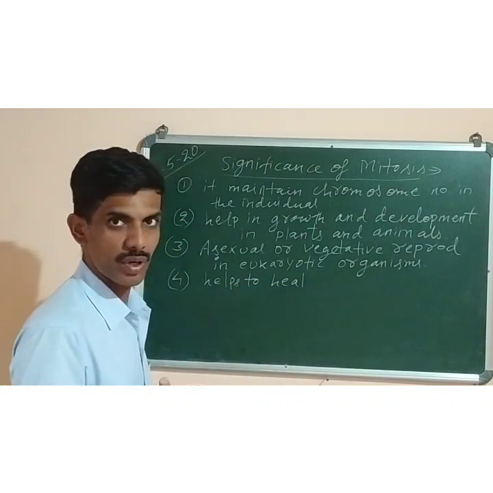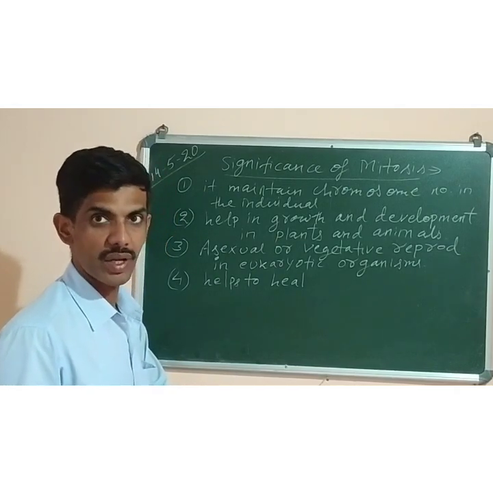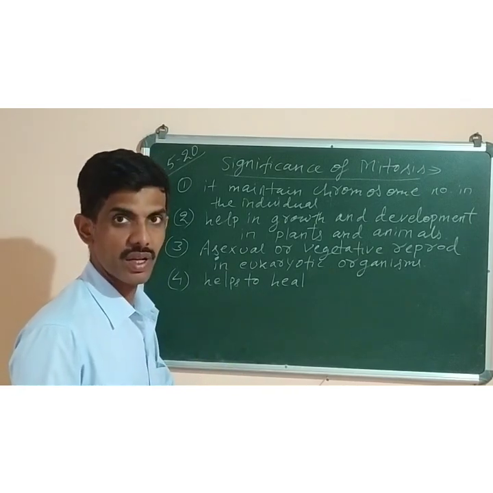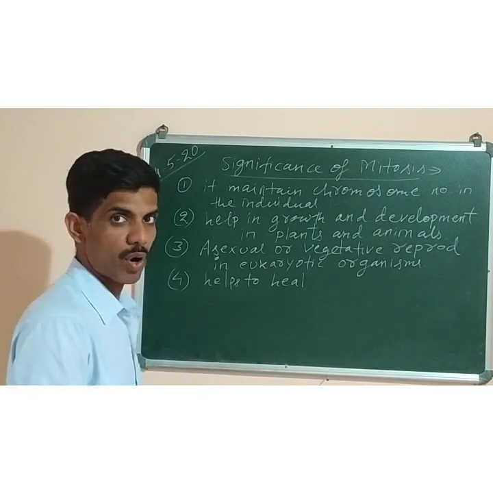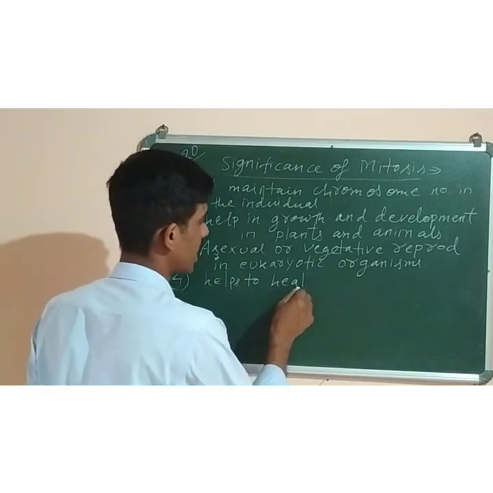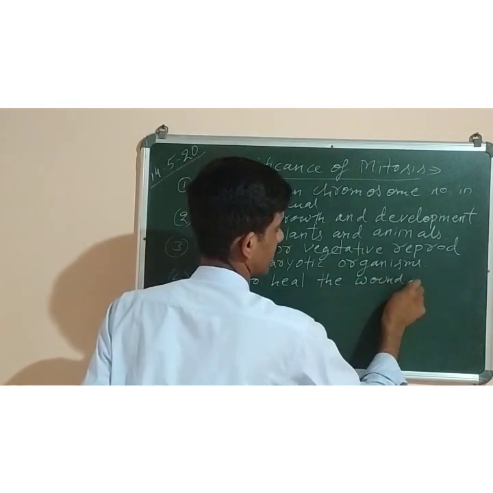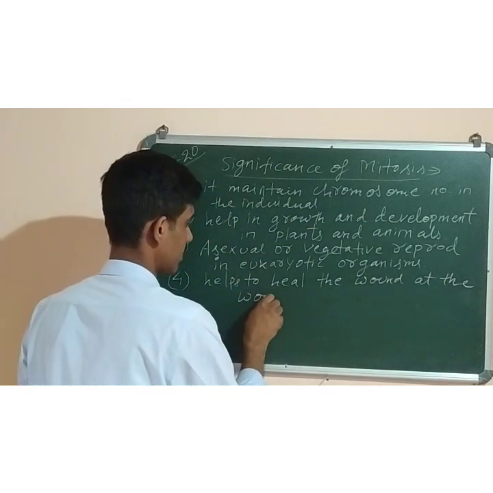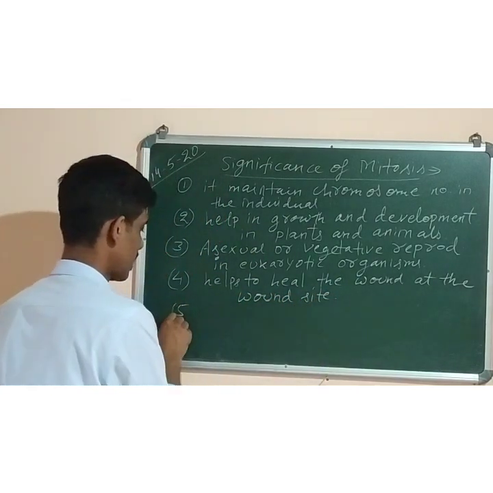Like if you have any cut in the skin, after a few days the skin will join due to mitosis cell division, because the cells will divide, they will grow, and they will try to fill that gap or the wound. It helps to heal the wounds at the wound site or injured site, place where wound is there.